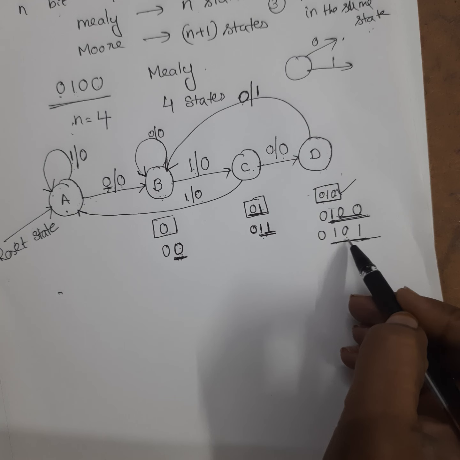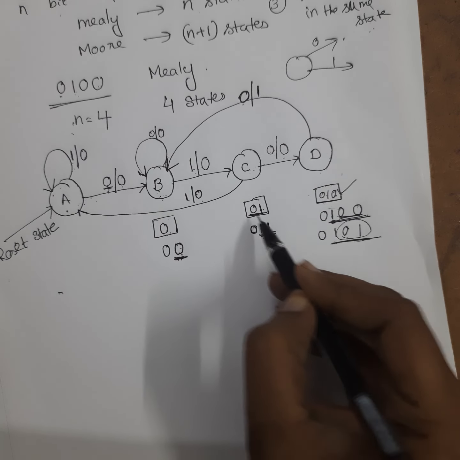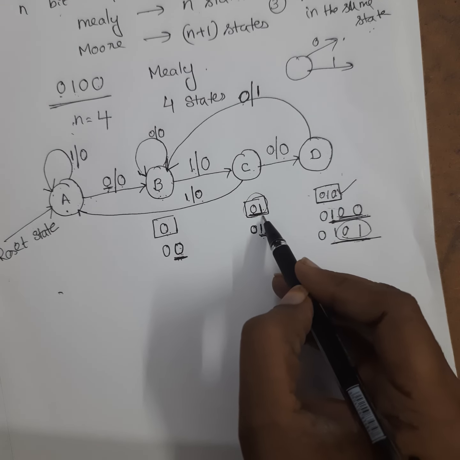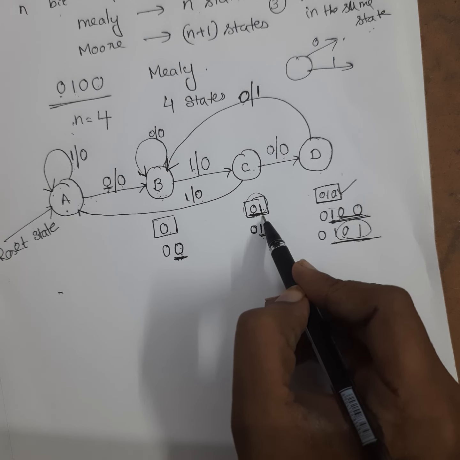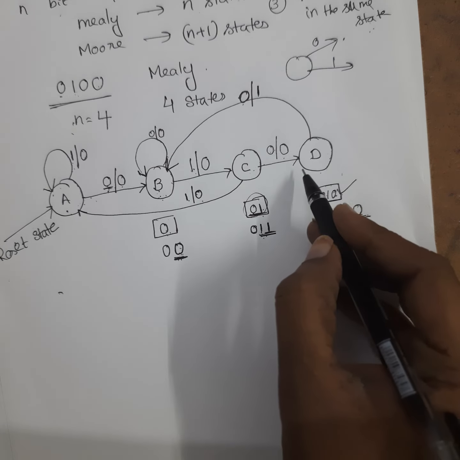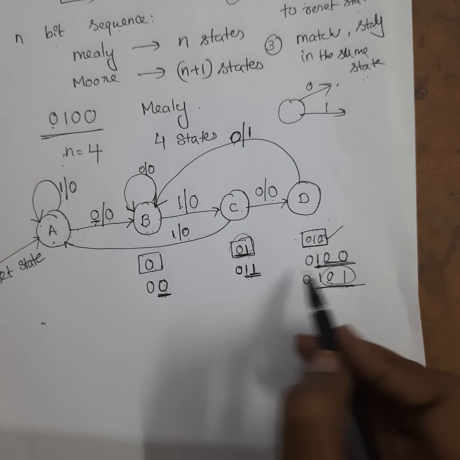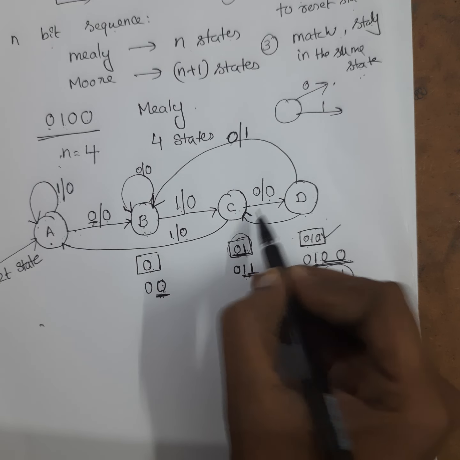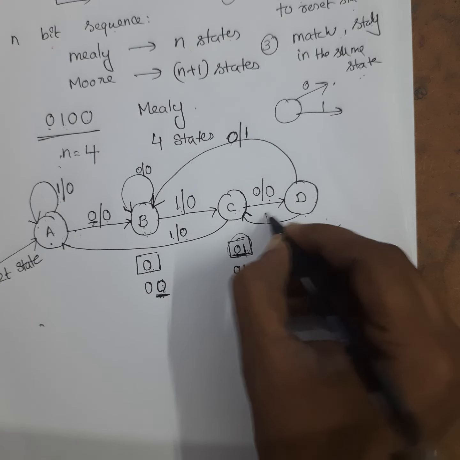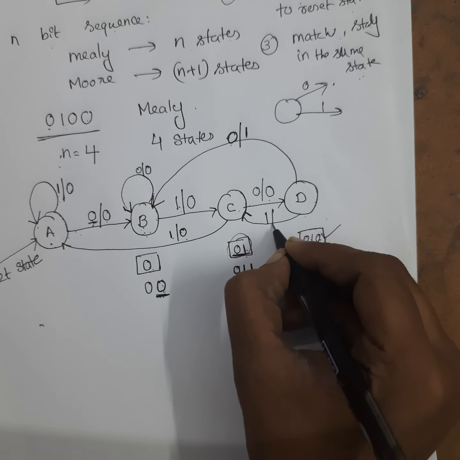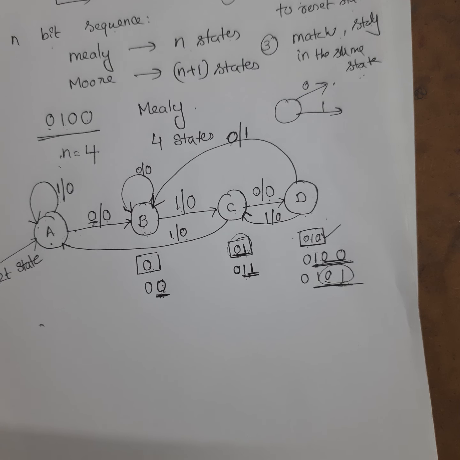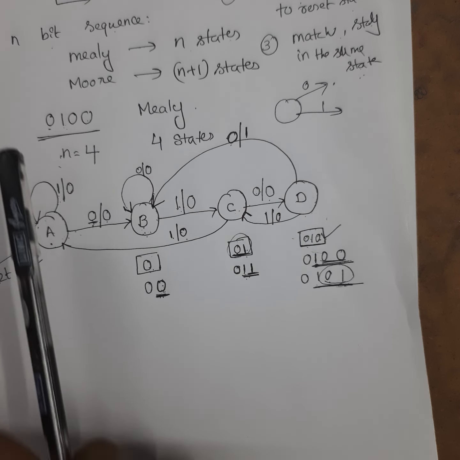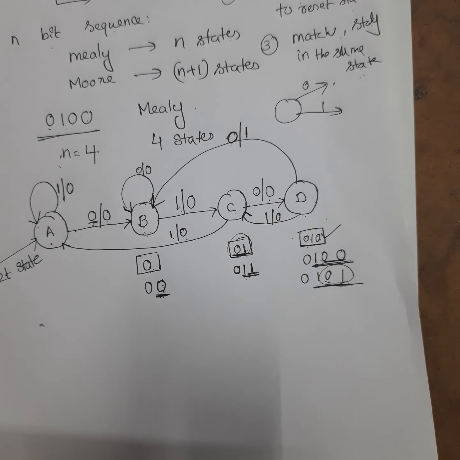Then compare 2 bits, 0, 1 and 0, 1: there is a match. So go to that state, with 1 by 0. So this is the state diagram for the sequence detector which detects 0, 1, 0. Okay, thank you.